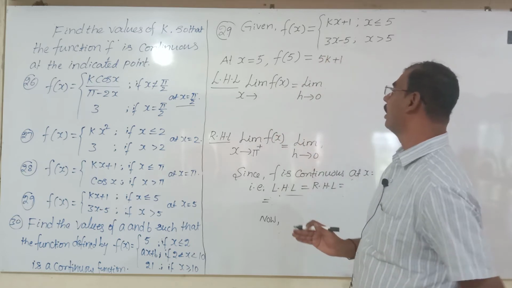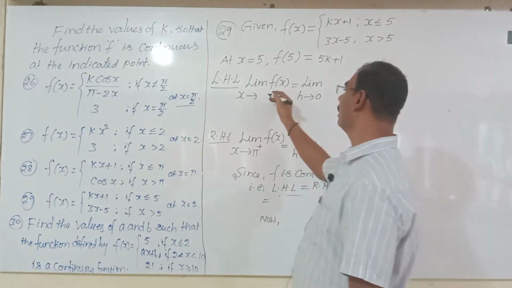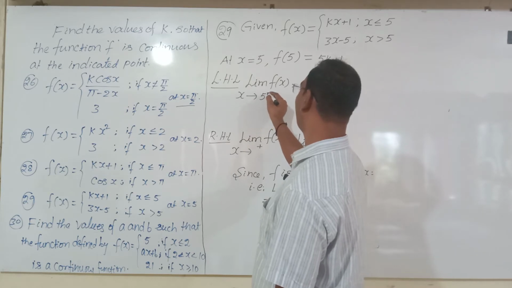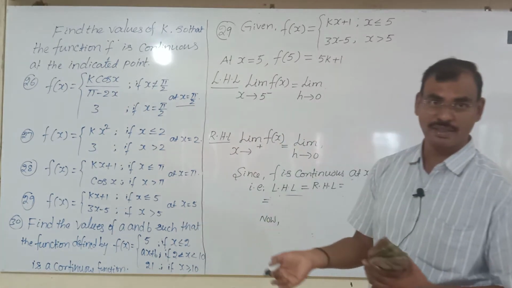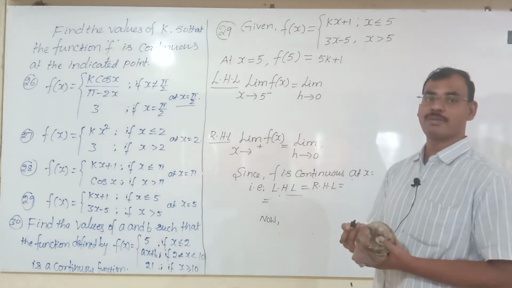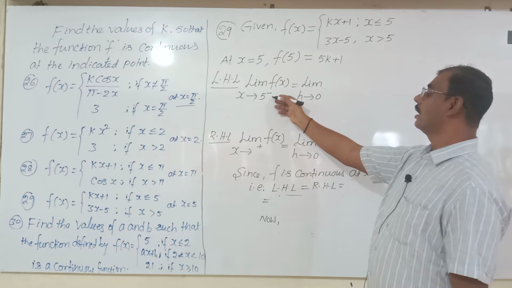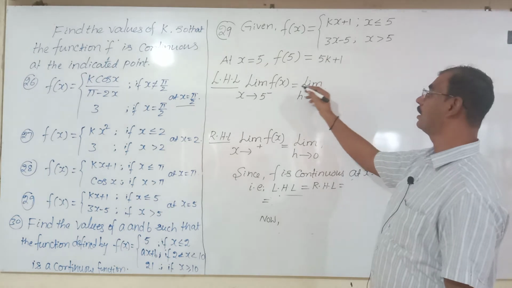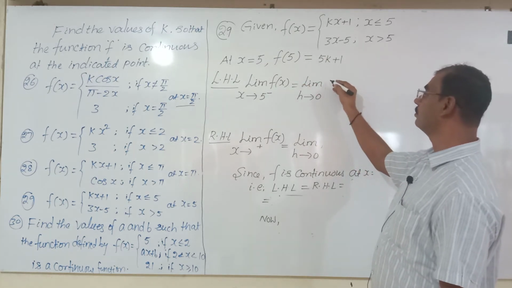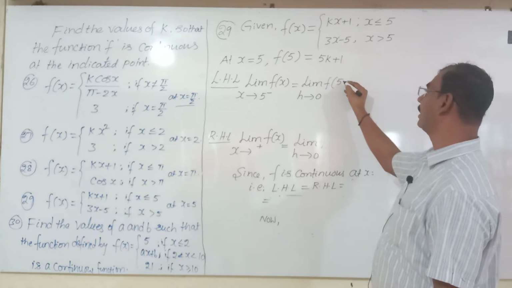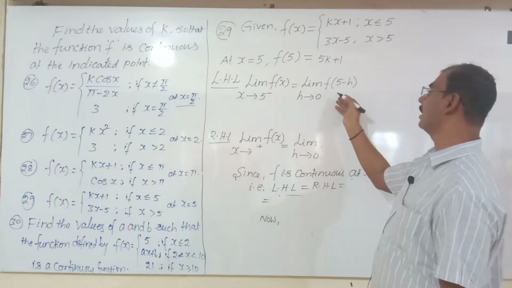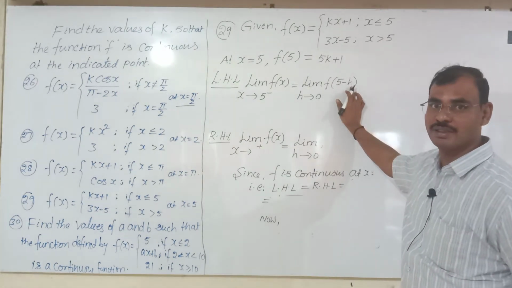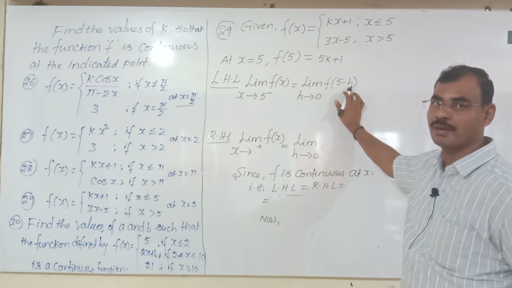Next, we have to find the left hand limit. Limit of f of x as x approaches 5 minus, so x is approaching 5 from the left hand side. To avoid the confusion, how should I convert here? I can write limit of f of 5 minus h as h approaches 0. Now you get the same meaning. 5 minus h, what does it mean? It means smaller than 5.